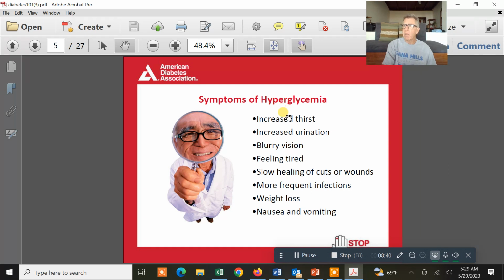So you pee out the glucose. But you know what? Have you ever taken a spoonful of sugar and put it into water? You stir it up. Guess what? It's all surrounded by water. So everywhere the glucose goes, it takes water with it. So you end up having increased urination, abnormal levels of peeing, and that takes all the water out of the body. So you're really, really thirsty.